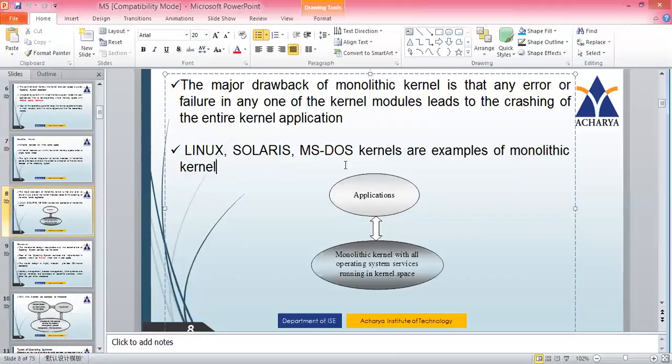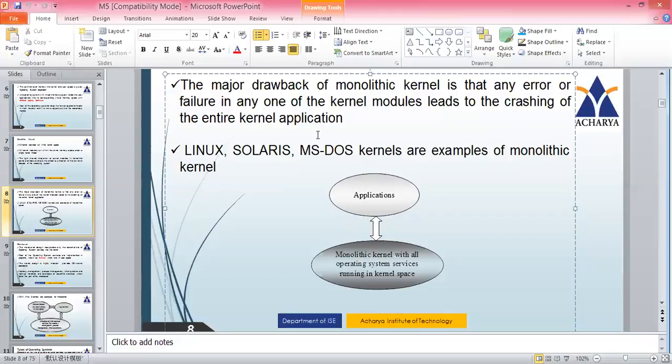The major drawback of the monolithic kernel is that any error or failure in any one of the kernel modules leads to the crashing of the entire kernel application. We saw the kernel has so many modules: IO management, main memory management, and all that. So it is tightly bound and all intertwined.